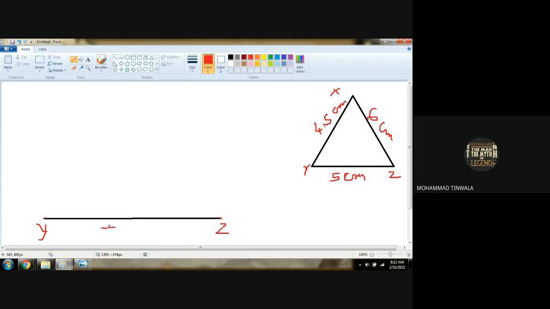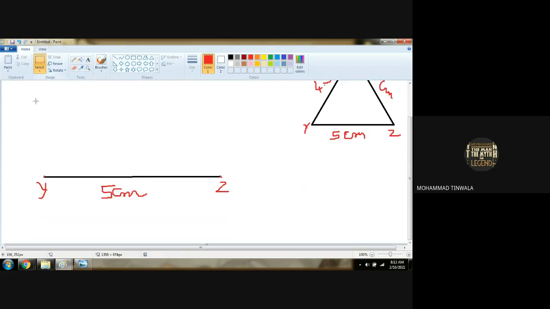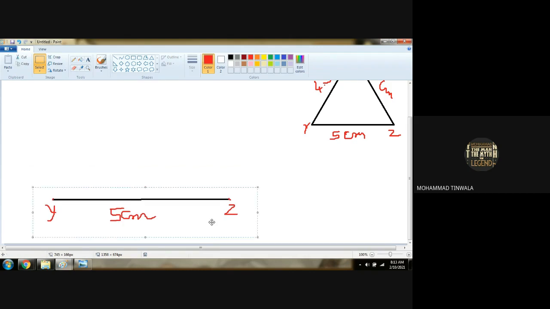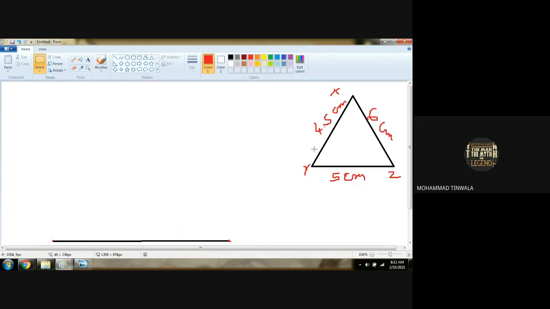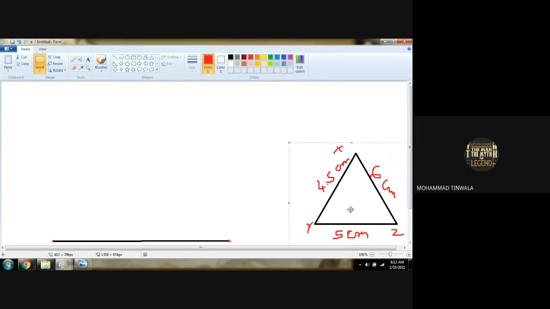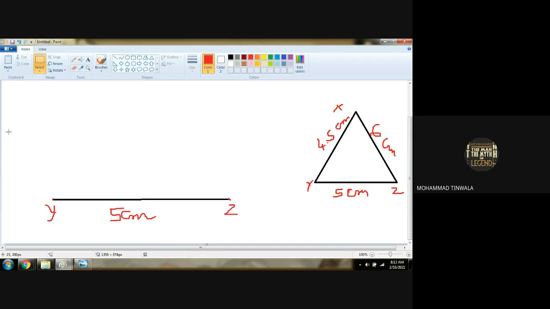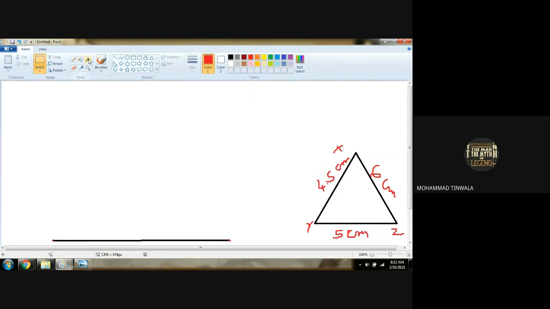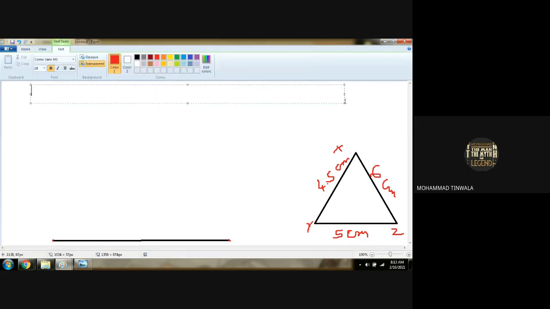It is 5 centimeter, right? Anybody has any doubt with this? No, sir. Now open rounder and pencil. First, let me write here, I forgot to write. First XY triangle.